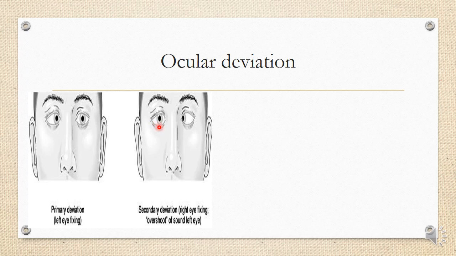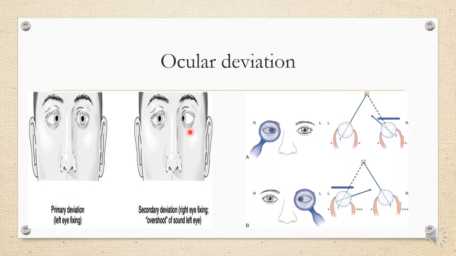Because of Hering's law, when there is more innervation into this lateral rectus, simultaneously the medial rectus gets an excessive amount of innervation, leading to more deviation, or more inward positioning of the eye. So the secondary deviation will be more than the primary deviation. What is primary deviation? That is when you ask the unaffected eye to fixate, and when you ask the patient to fixate with the affected eye, that is your secondary deviation. So this is what is happening.